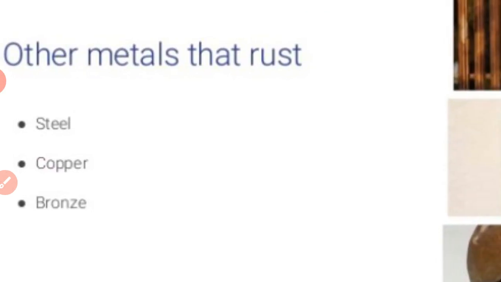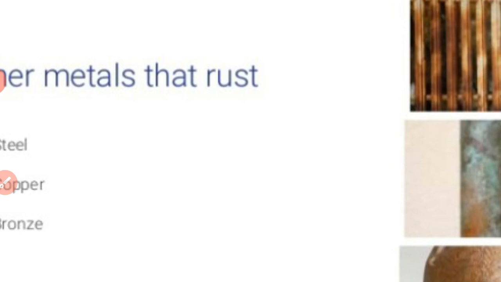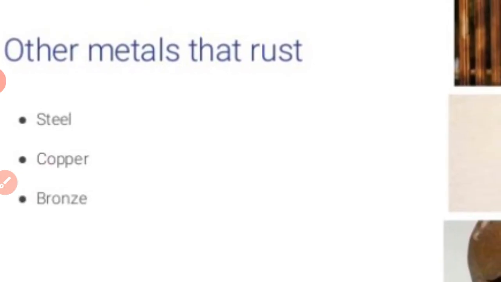Steel also gets rusted. Like iron, steel reacts with oxygen and water and rusts. By rusting, the original material decreases. It also reacts with carbon, oxygen and water.